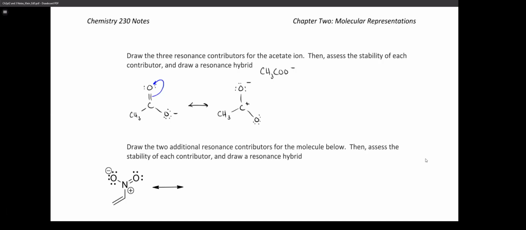I know the book does, but again, they're optional. And then what could I do also? Move the lone pairs on oxygen to make a double bond.